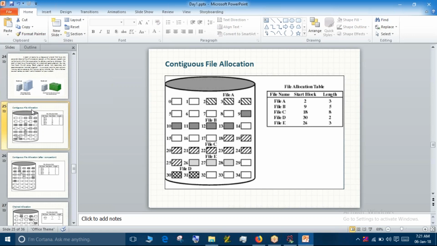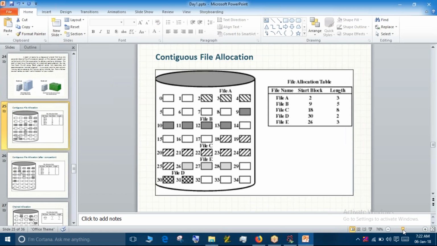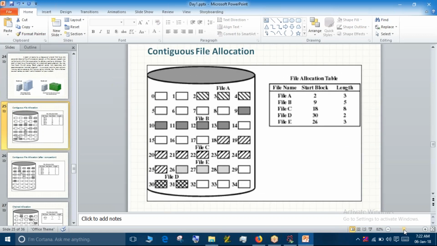FAT 32 or FAT 16 used to be, right? Your FAT 8, FAT 16, or FAT 12, FAT 32. Yes, you are right. The file allocation table. If you take that file allocation table model of a file system, how FAT is going to organize your storage, have a look at that.